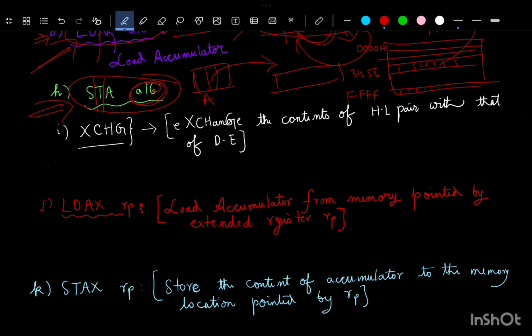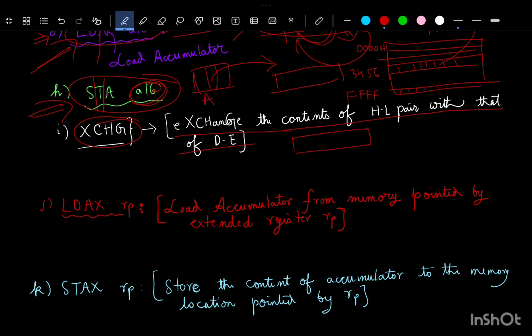The next instruction is of type XCHG. XCHG means exchange, and exchange between what? Exchange between the contents of HL and that of DE.